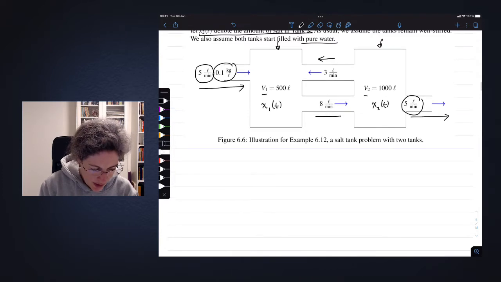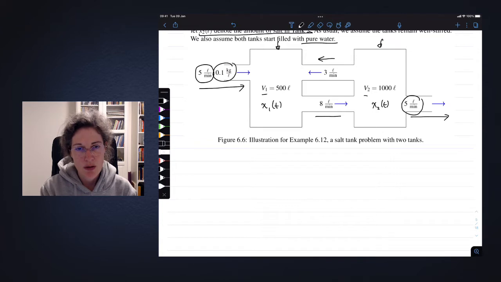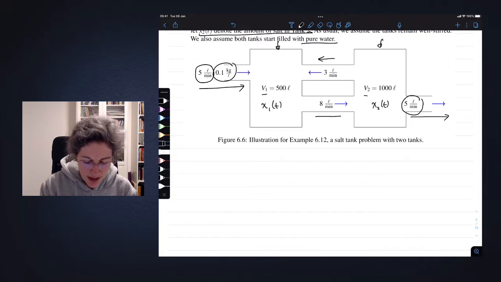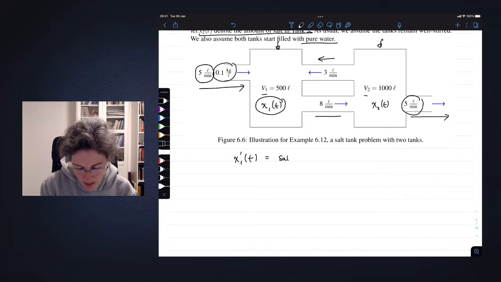We're always going to think around conservation equations here. So the rate of change of the amount of salt in x1 must be salt in less whatever salt leaves.